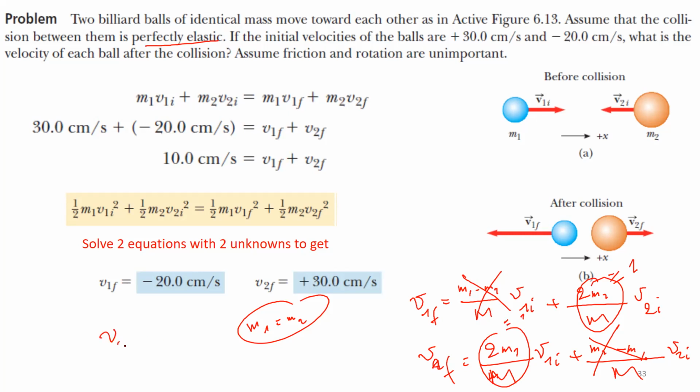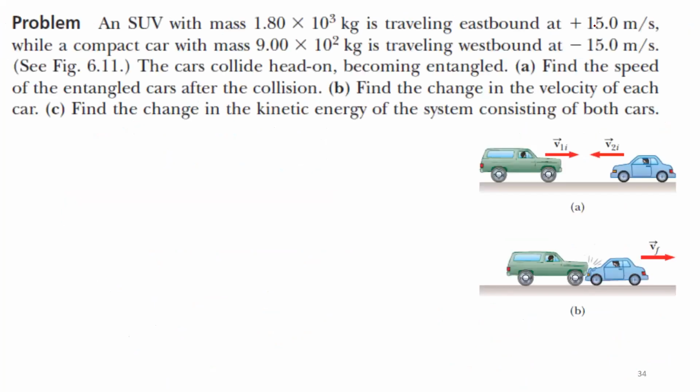So that means V1 final will be just V2 initial, and V2 final will be just V1 initial. The first particle will take the velocity of the second particle, and the second particle will take the velocity of the first particle. That's why here you have minus 20 and plus 30. At the beginning, I had plus 30 and minus 20. So they are just swapping the velocities because they have the same mass.